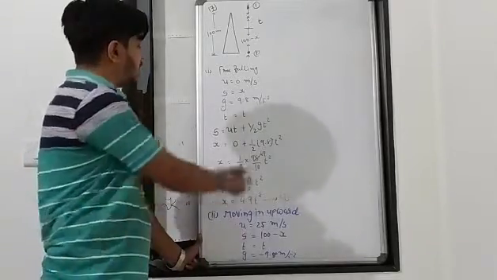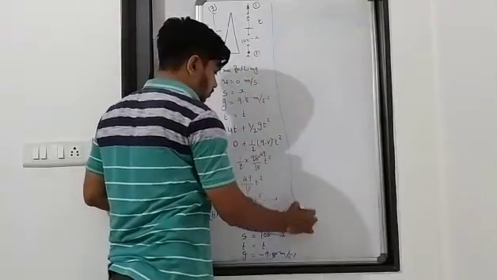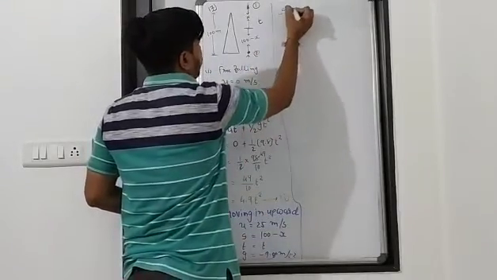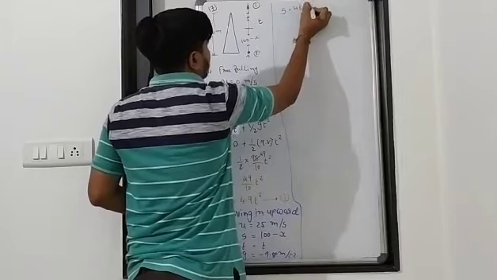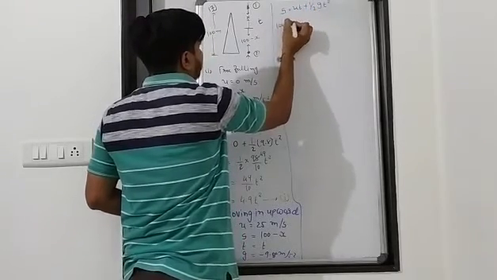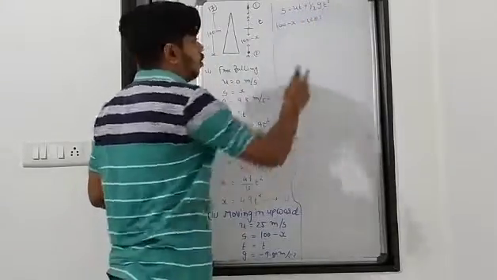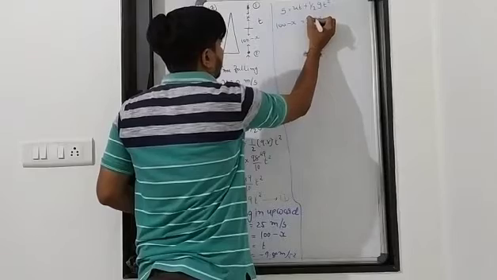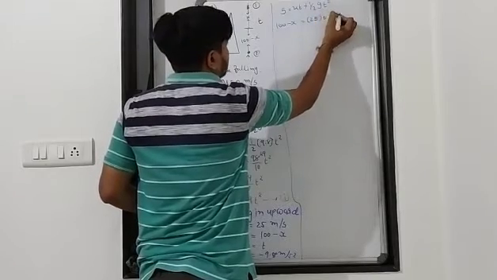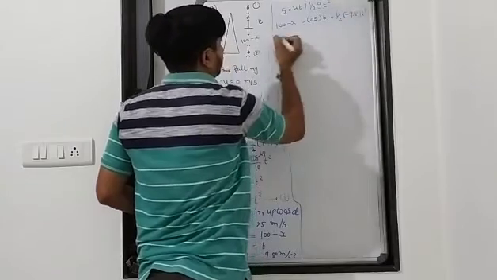Now applying the same equation for these values: s is equal to ut plus 1/2 gt square. The s is 100 minus x. The u is not 0, so I take 25. The time is t, plus 1/2, g is minus 9.8, and t square.